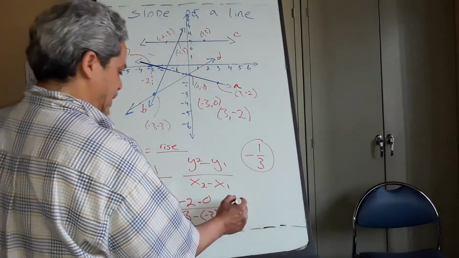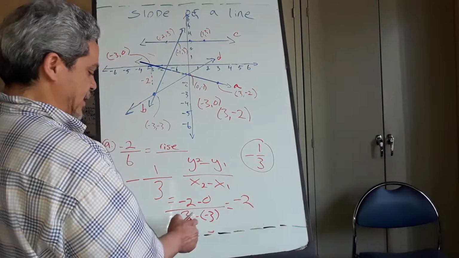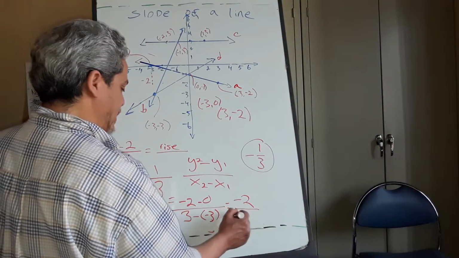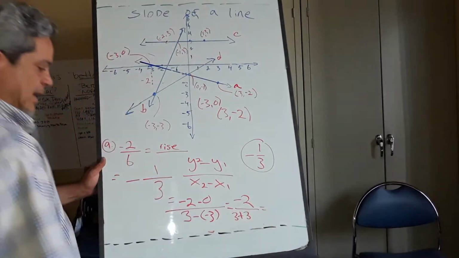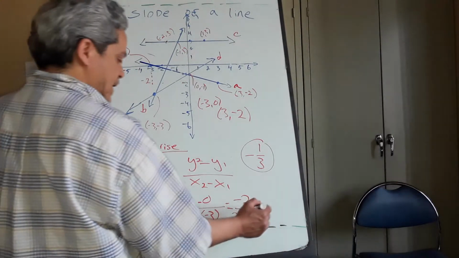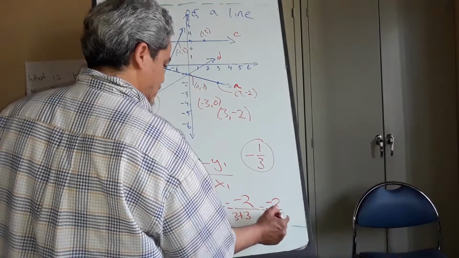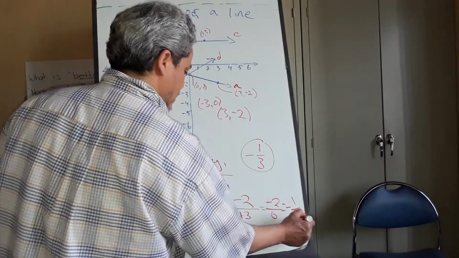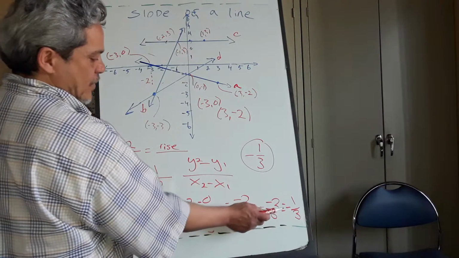So this is going to be -2. And when you multiply these two, you're going to have a positive, so it's going to be 3 plus 3. Because you multiply these two, you get a positive 3. So this is 6. So it's -2 over 6, again, -1/3, because a negative divided by a positive gives you a negative.